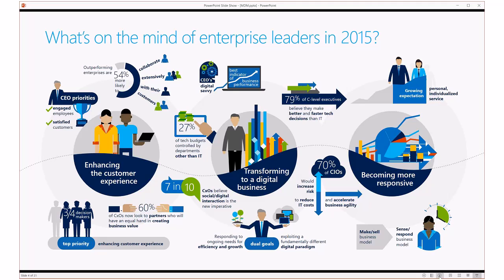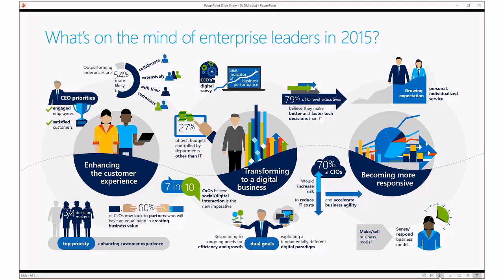So the driving forces for those things are, yes, in part people trying to be productive, but it's also from executives in organizations. They want people to have that flexibility, and they want them to be productive, right? There's a lot of stats on this slide and information around the way that executives are thinking, but a lot of it is their top priority is enhancing the customer experience, right?